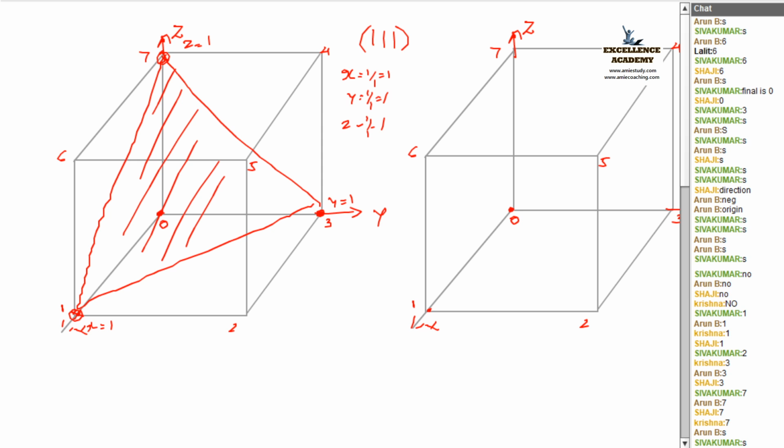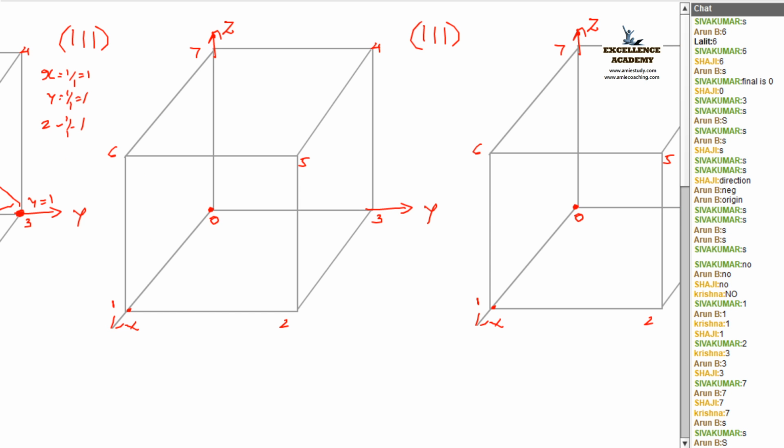Yeah. Now I am moving to the second question, (1, 0, 1). x is equal to 1 by 1 is equal to 1. y is equal to 1 by 0 is equal to infinity. z is equal to 1 by 1 is equal to 1. Okay. Listen carefully.